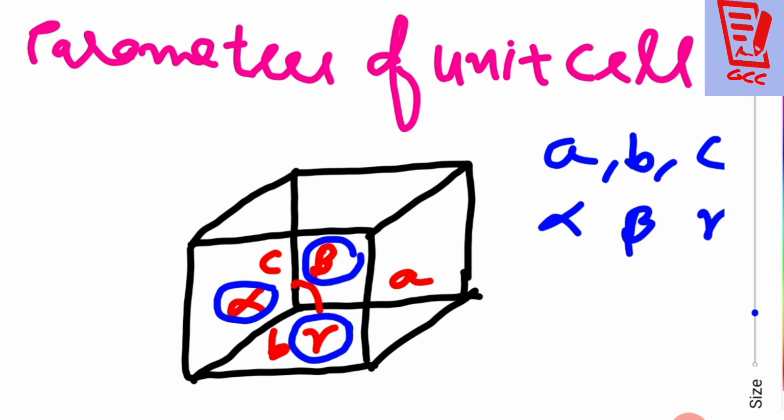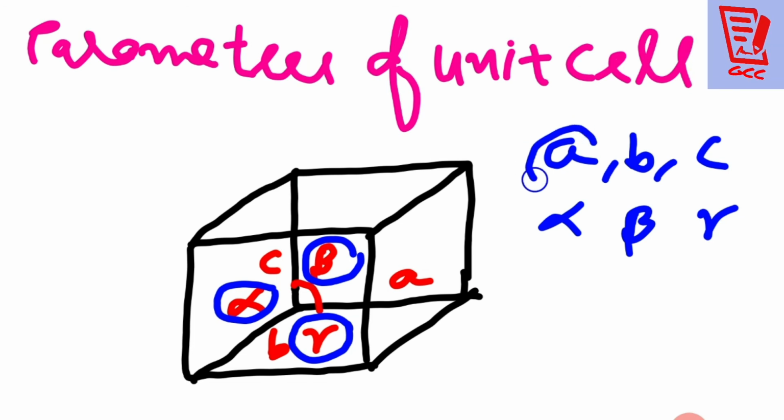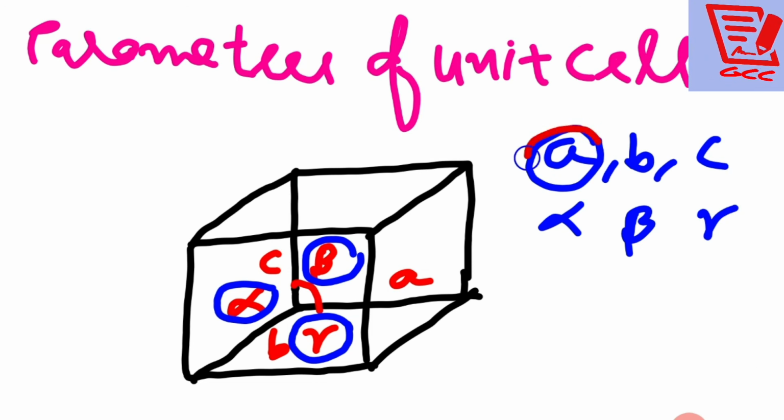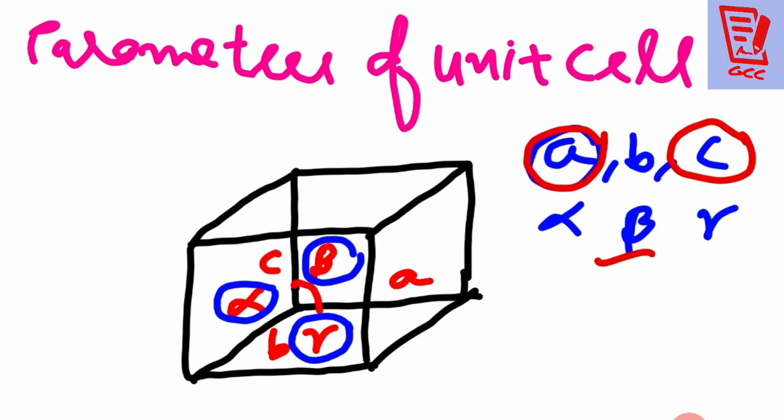When we are writing this, watch very carefully. Suppose we have to see the angle between A and C. What is it? Between A and C the angle is beta.